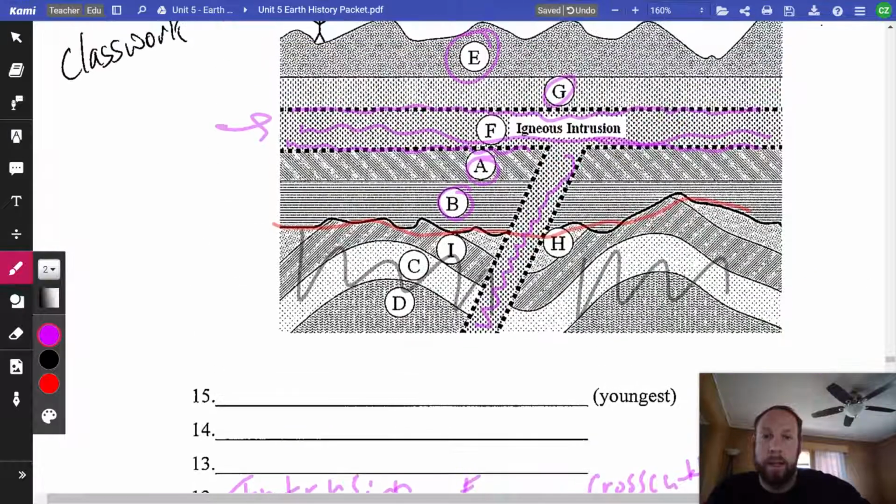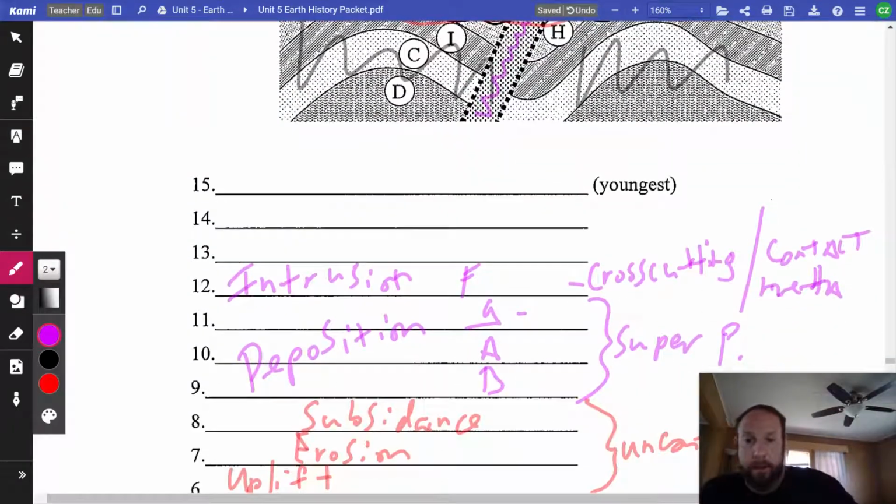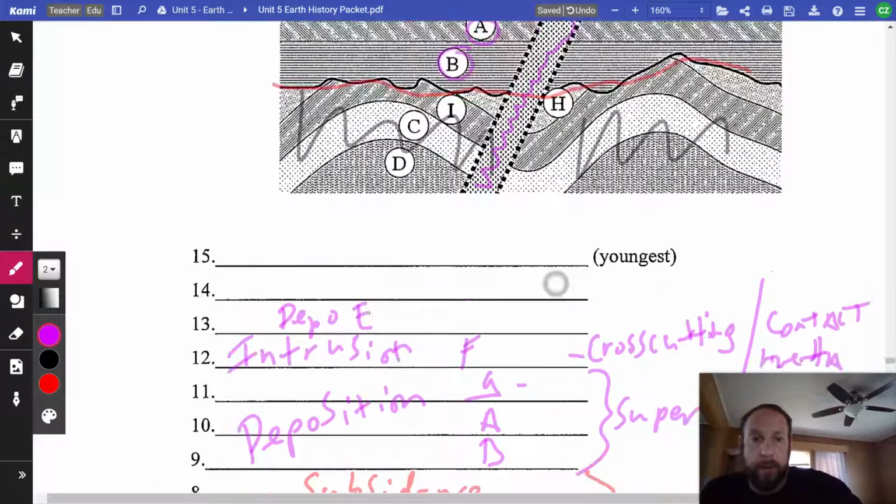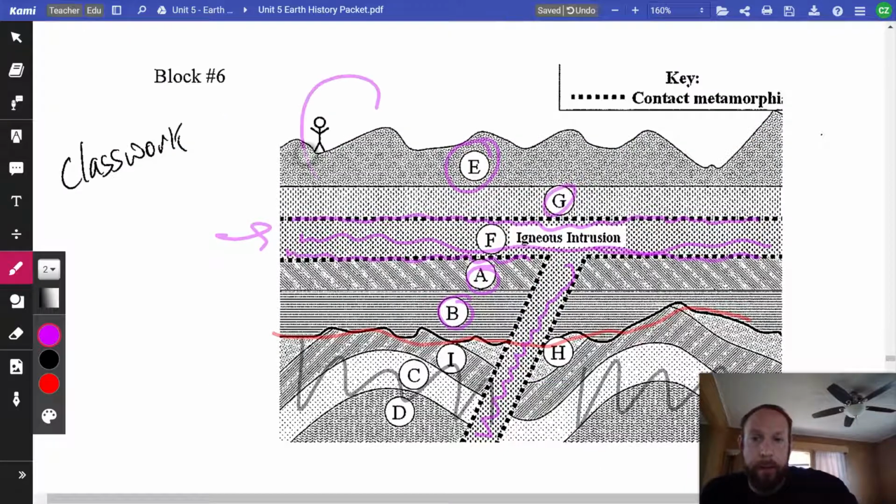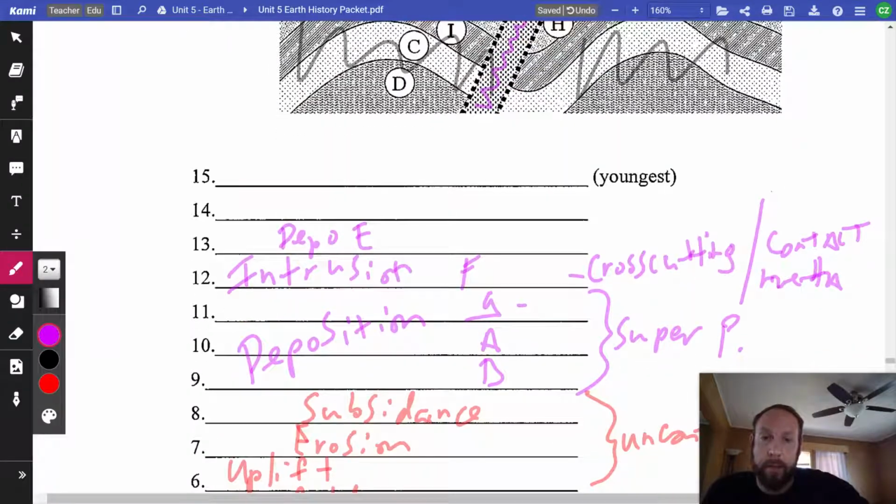Now you could say deposition of E. Deposition of layer E. And then our man's standing on the surface of the earth, or a woman, whomever.